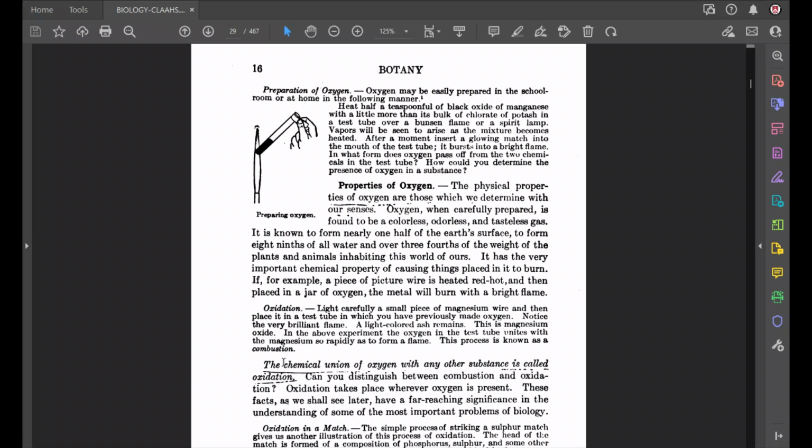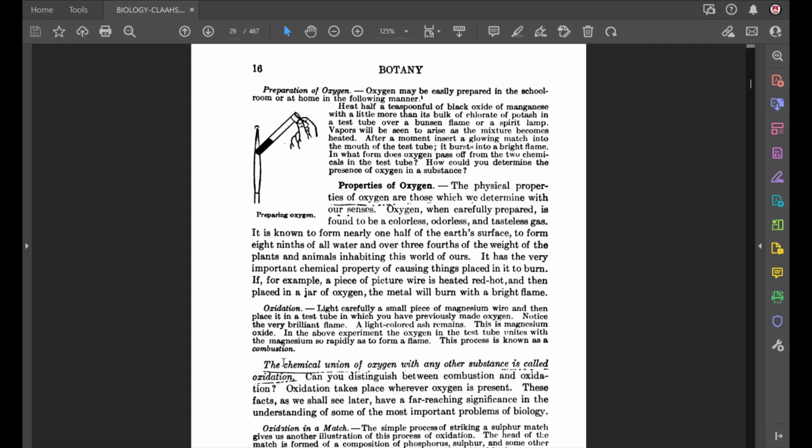This process is known as combustion. So the process whereby something bursts into flame is called combustion. You've heard the word combustion when we talk about engines, right, in cars. You've heard about a combustion engine. What does that mean? It's an engine that's powered by explosions. That's what combustion means. When something bursts into flame, that's combustion.